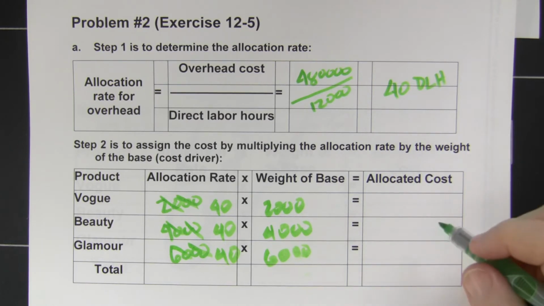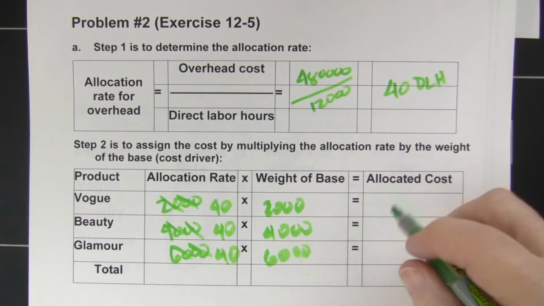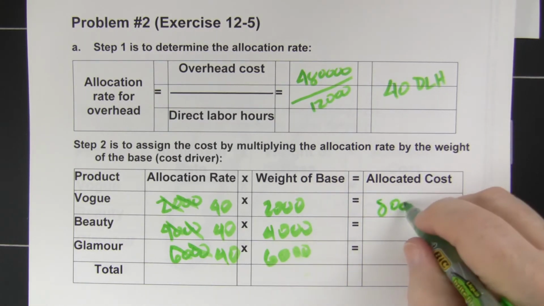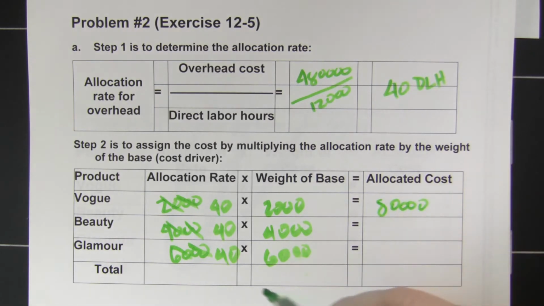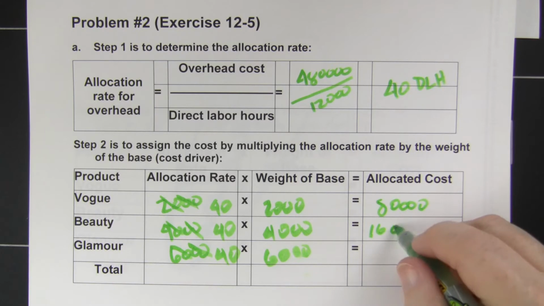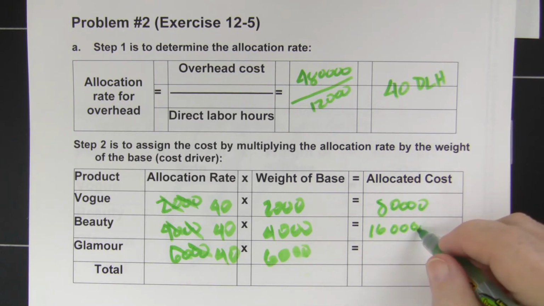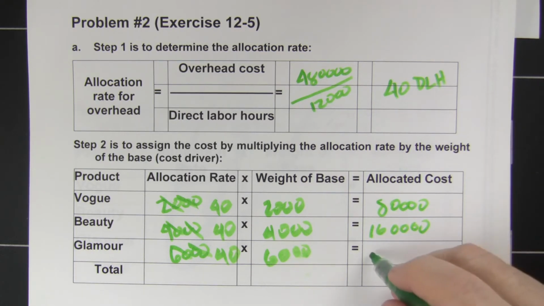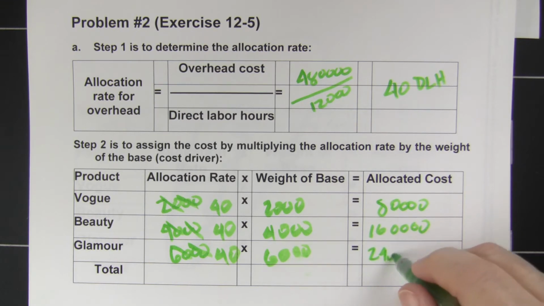So we're just going to do the multiplication. 40 times 2,000, 80,000. 40 times 4,000, 160,000. Make sure I got the right number of zeros. Do I? Yes, I do. And 40 times 6,000, 240,000.